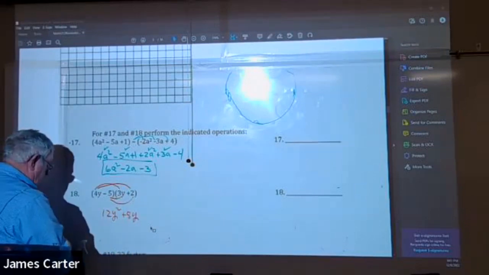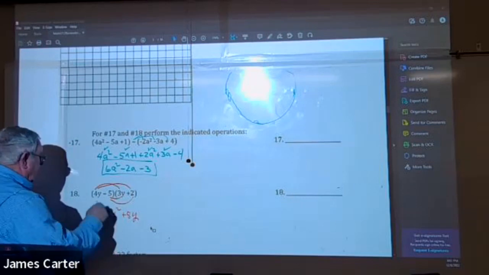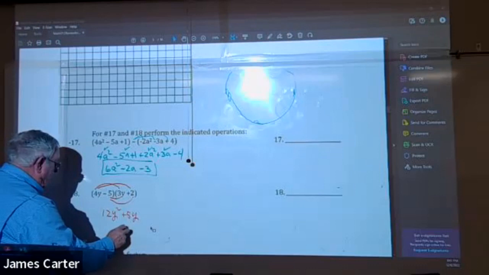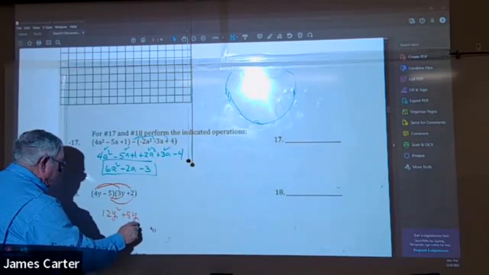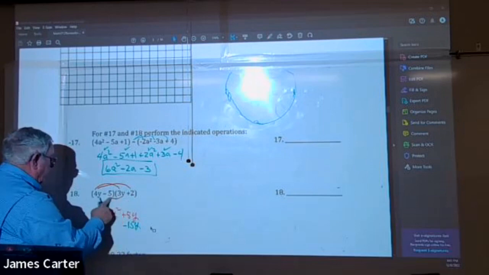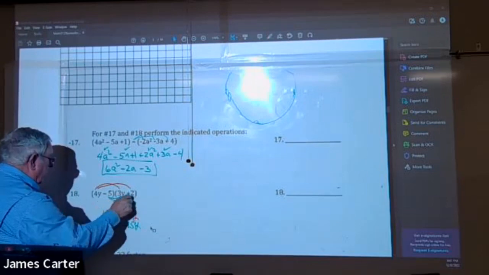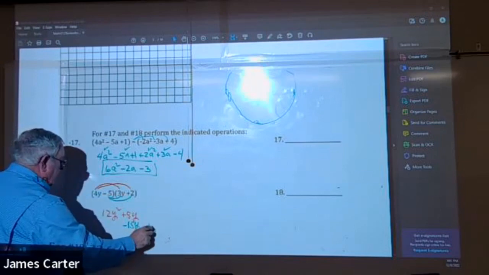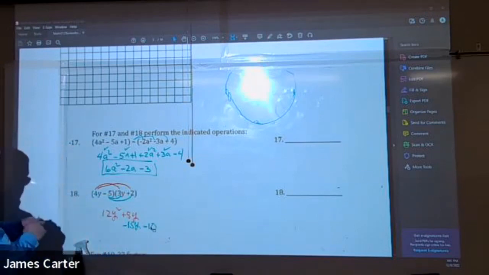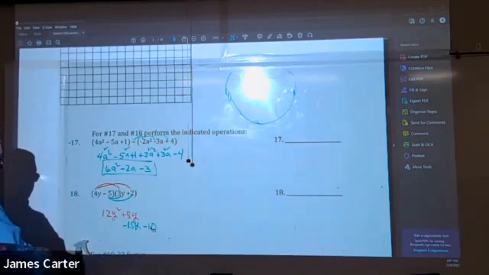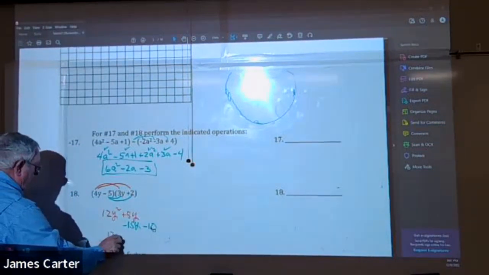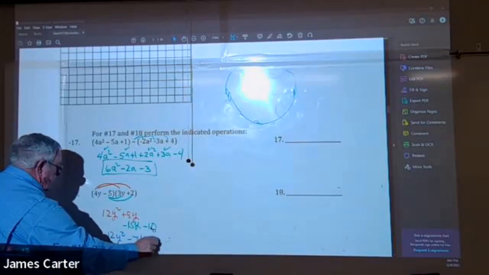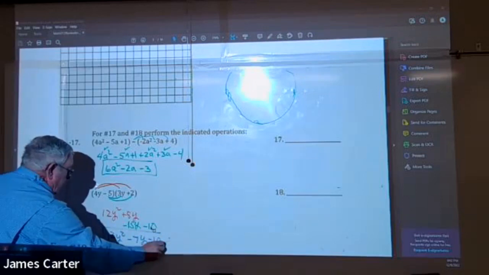Now in my second line, -5 times 3y is -15y. And -5 times +2 is -10. Okay, so I'm ready to add those together, and I get 12y squared minus 7y minus 10. Box.